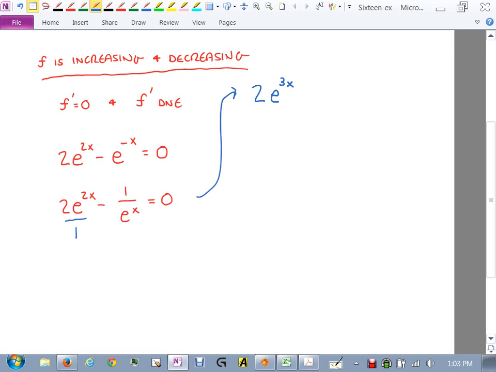Because I'm doing actually e to the x times e to the 2x. And so you add the exponents, x plus 2x is 3x. So that's what the top left becomes. Then I have minus 1 all over the common denominator, e to the x, equals 0. You all still okay with this?